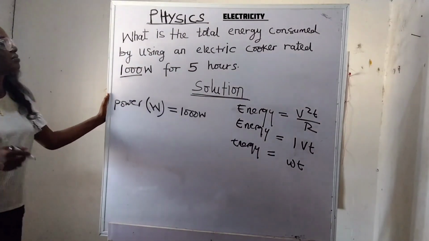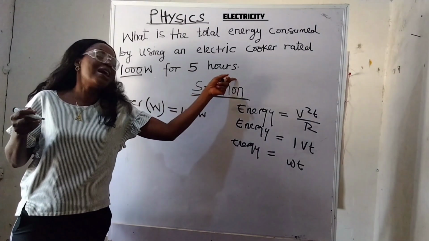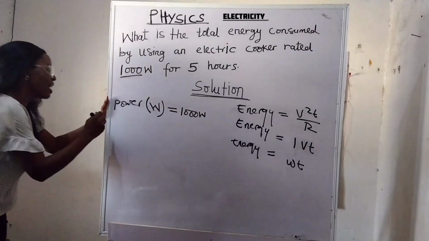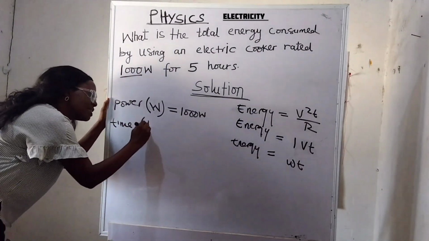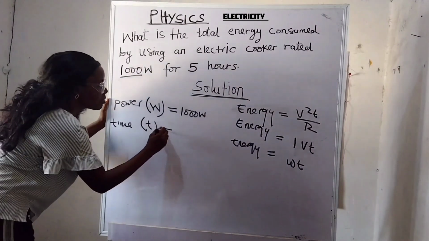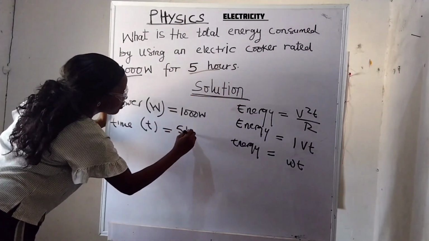Which other data? I see 5 hours, which is time. So I write time, denoted by T, equals 5 hours.